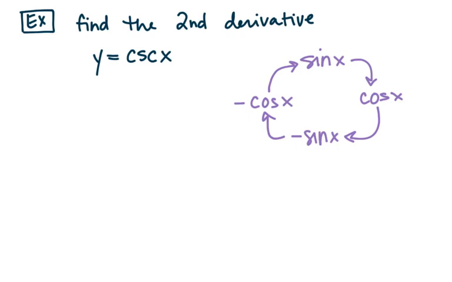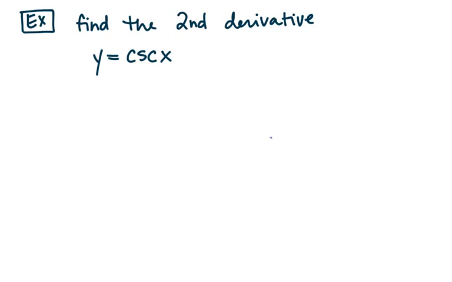So we have kind of a circular pattern that would happen there. And after the fourth derivative, we would see, okay, we're starting over back at the beginning. All right? So that's not quite the case with cosecant, because cosecant's derivative isn't as nice. But we'll look at finding the second derivative here.